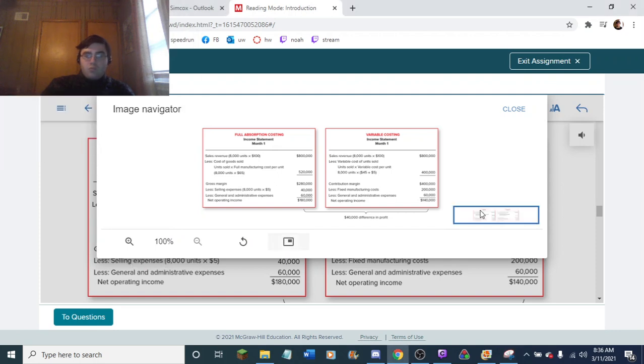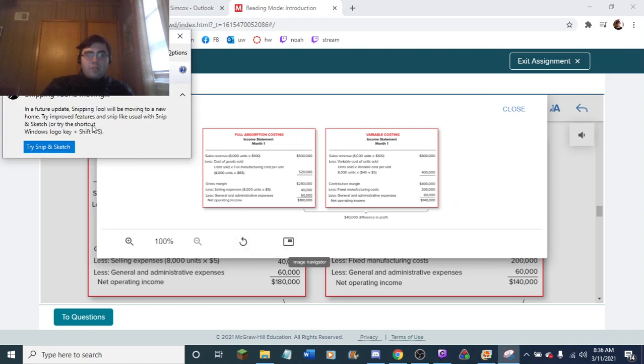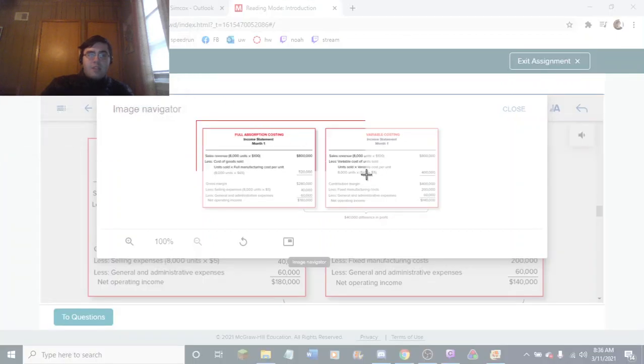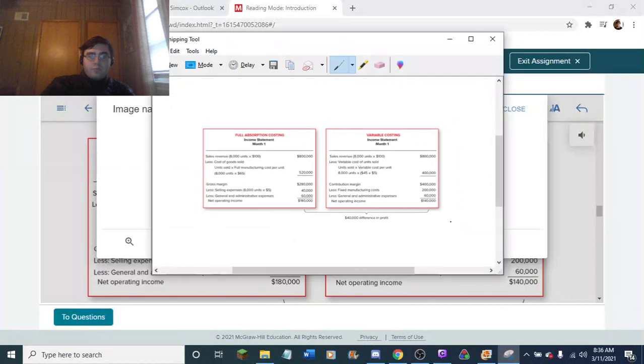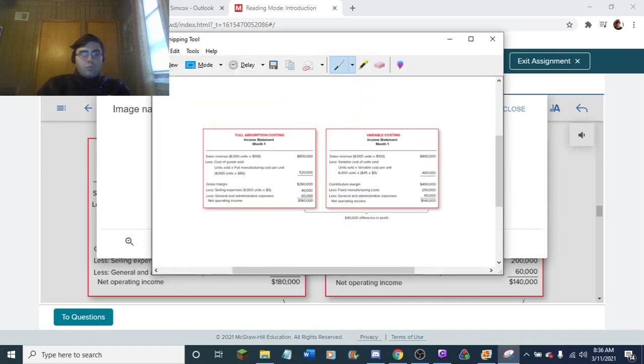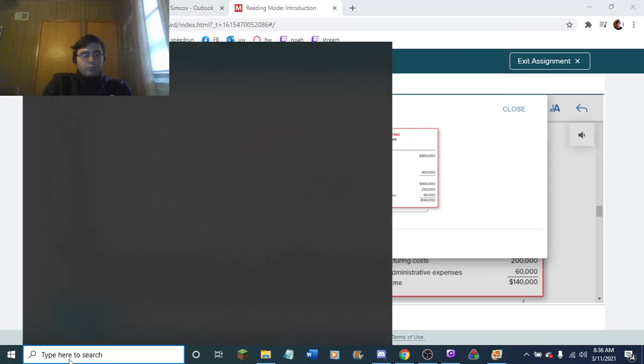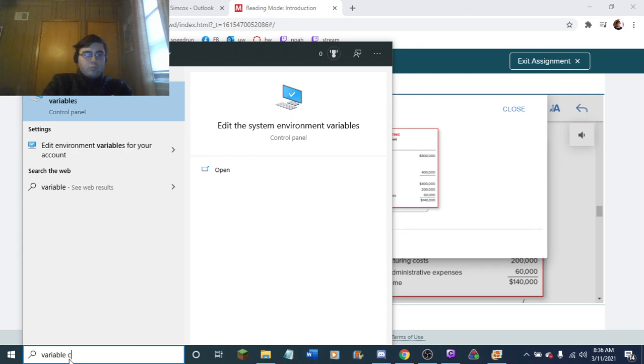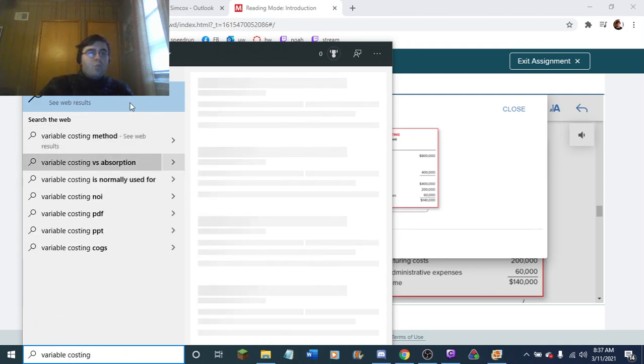Wait, what? I would just like to make it bigger so I can take a picture of it without it being pixelated. You have got to be joking me right now.